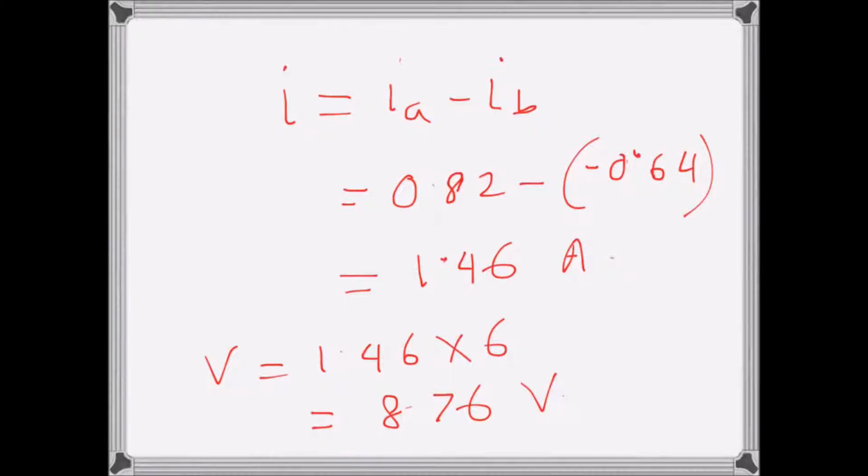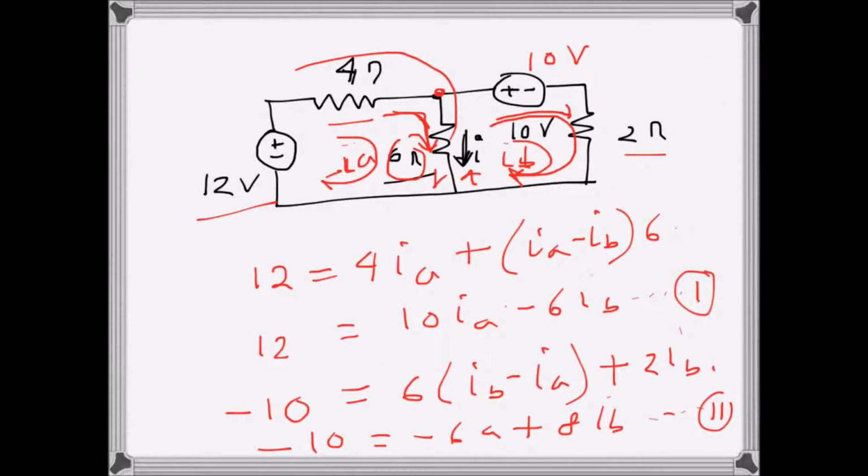It's the same problem. This one is using loop analysis, mesh analysis, and the previous one was nodal analysis. However, if the problem is given and it is not mentioned how it has to be done, what method we have to use, we should actually use nodal analysis, because we can see that nodal analysis generated only one equation, while mesh analysis gave us two equations.